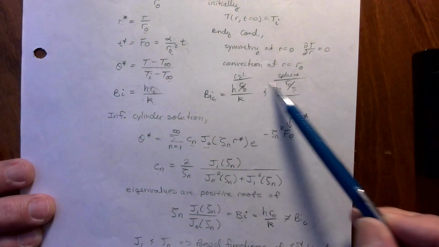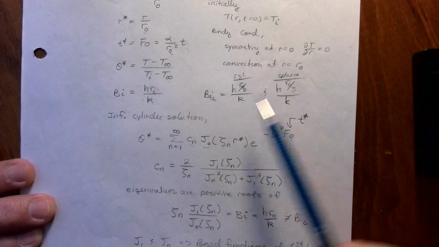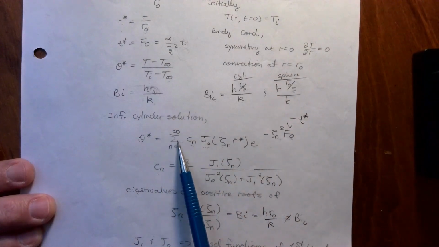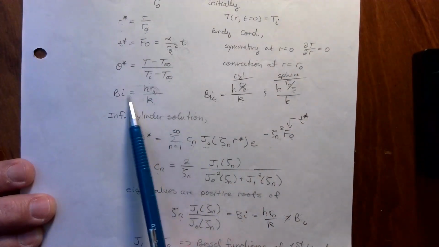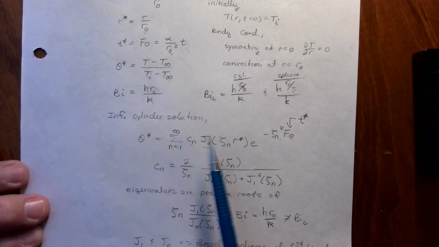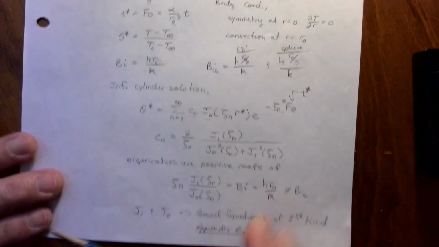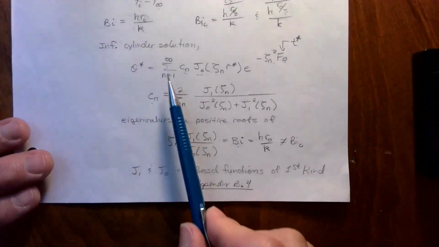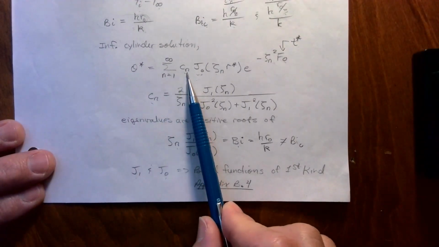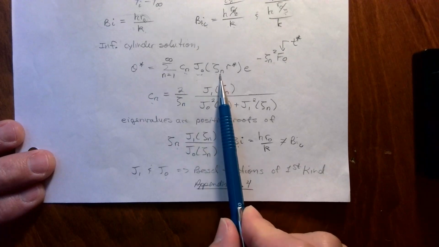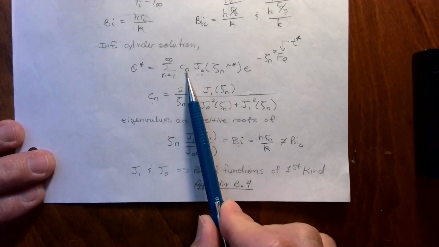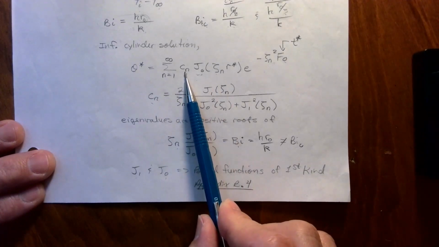When you find out from this Biot number that you can't, and now you need to use this solution, for example, for an infinite cylinder, this is the Biot number that you need to use when you're calculating eigenvalues here. The infinite cylinder solution is given to us as a summation again, so still in terms of a Cn and a zeta n. That's the eigenvalue, and these are the magnitude of each of the terms.